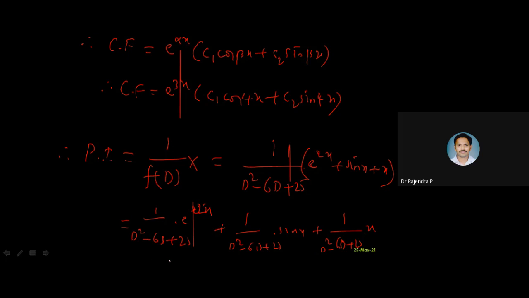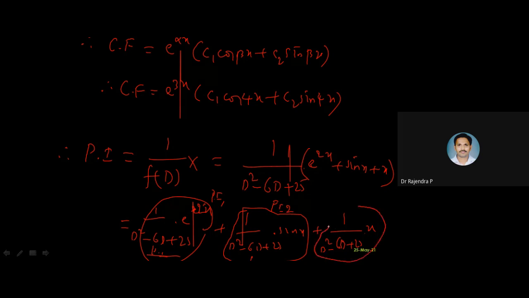Okay. So what we can do, this we can write as particular integral 1, PI1. This is PI2. I will write here. First, this part is PI1, particular integral part 1. The second part is particular integral 2. The third part is particular integral 3.